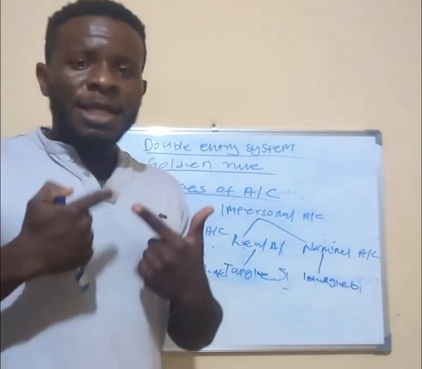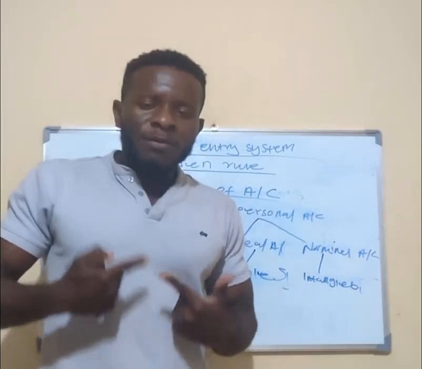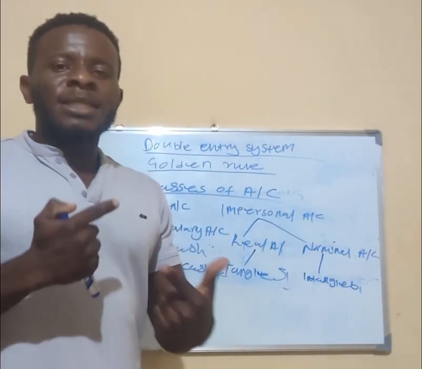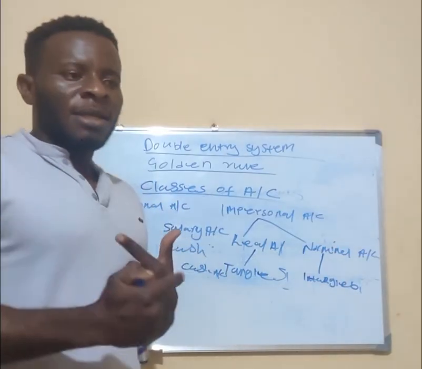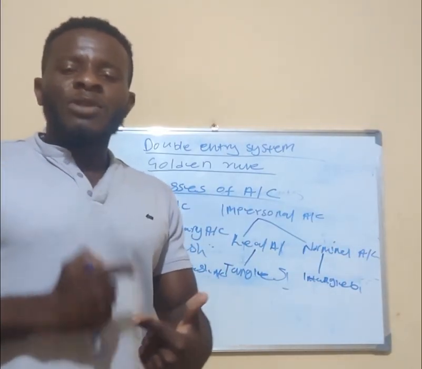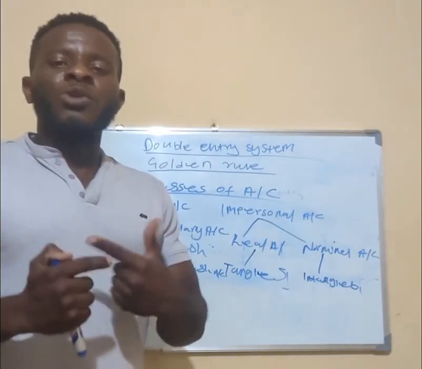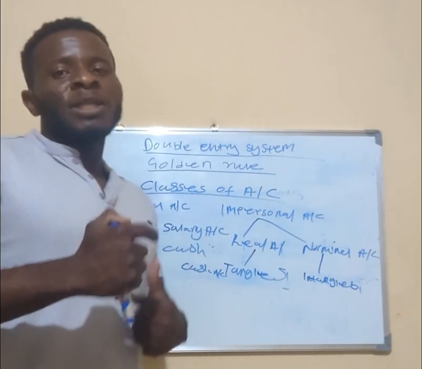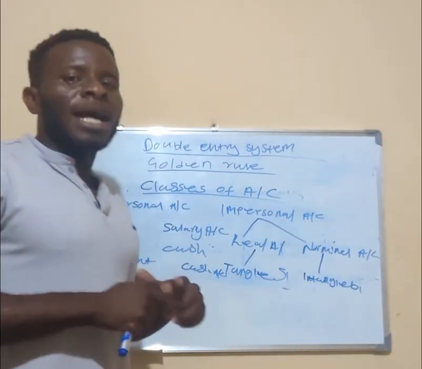So you have to understand the classes of accounts in order to know which side of the transaction should be credited and which side should be debited, because that is accounts.